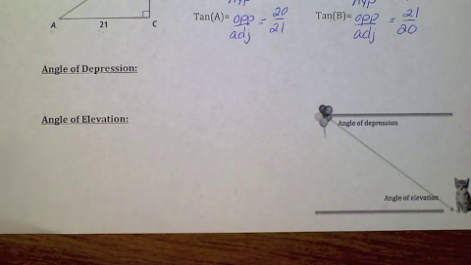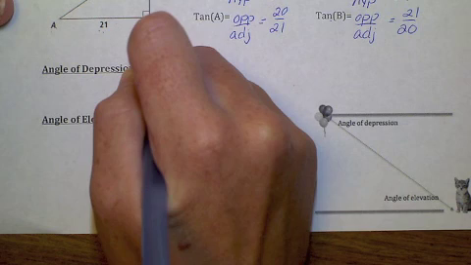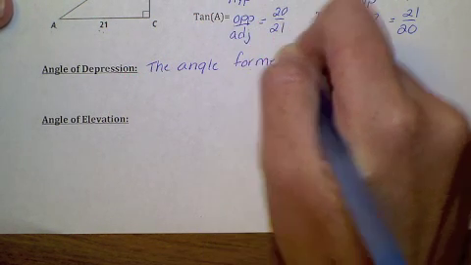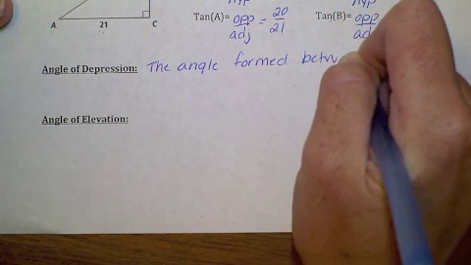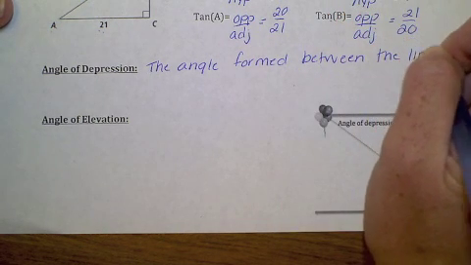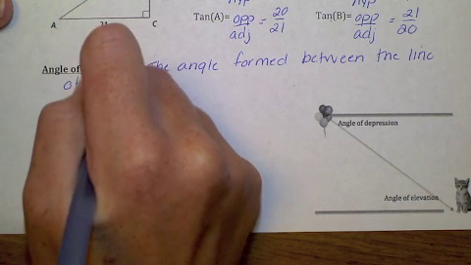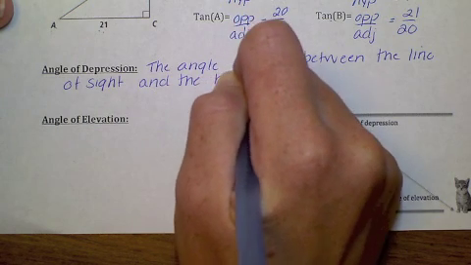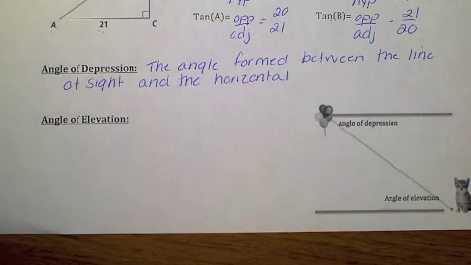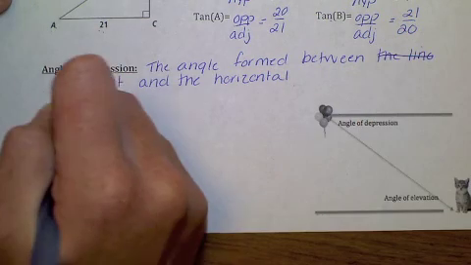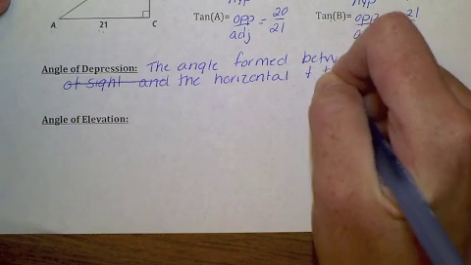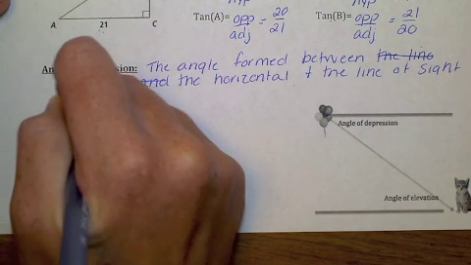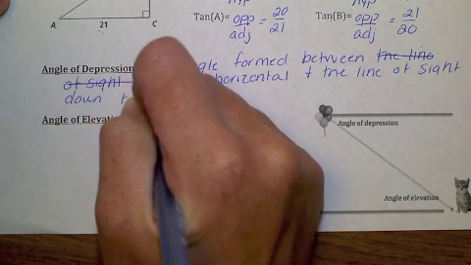An angle of depression, by definition, is the angle formed between the horizontal and the line of sight down to an object.